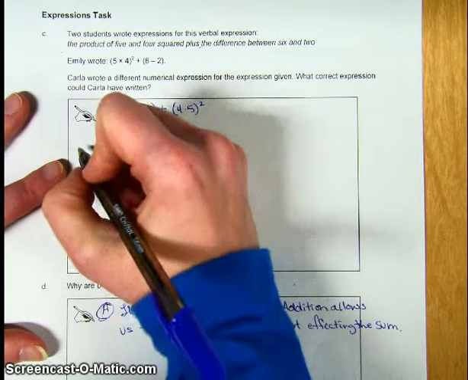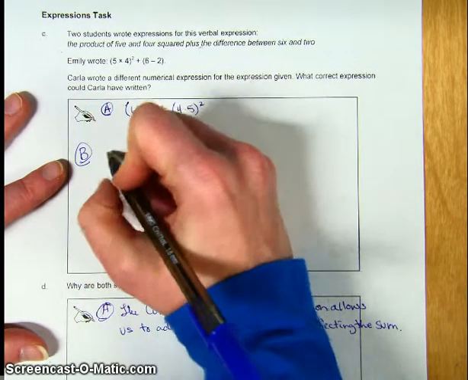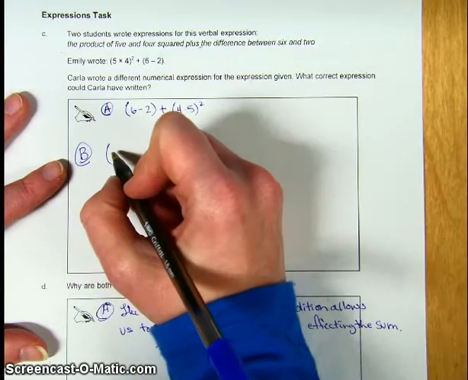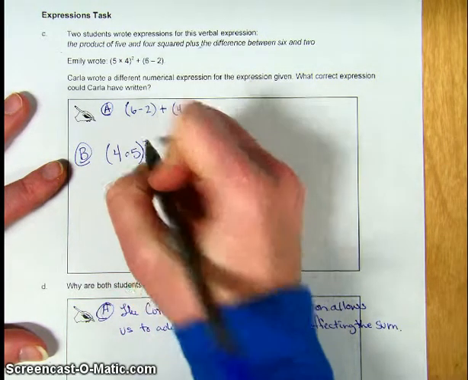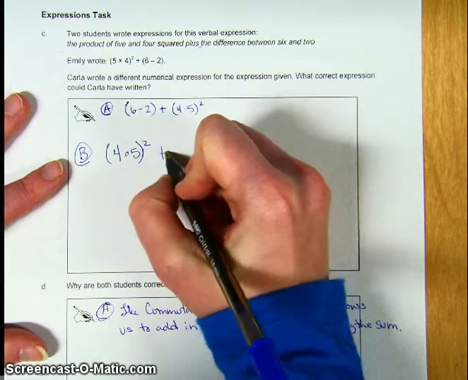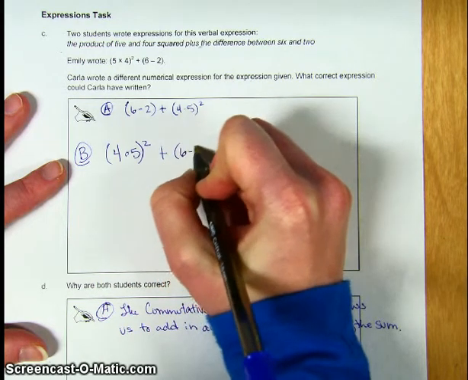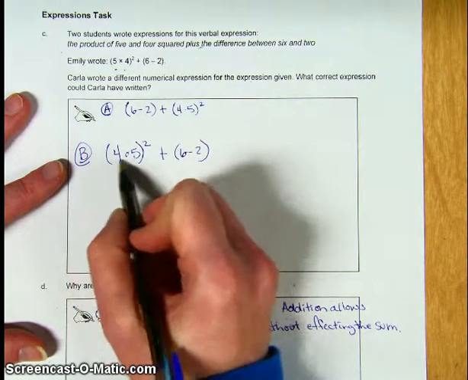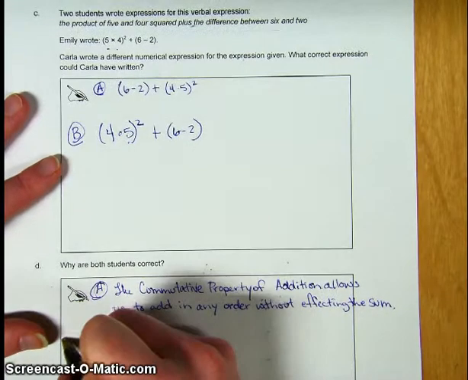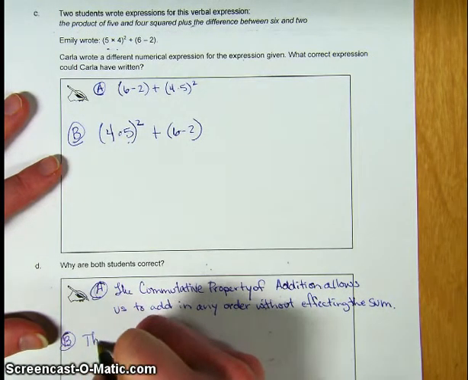All right, the second one that we came up with was this. Here, from the 5 times 4, we changed this to 4 times 5. The justification for that is the commutative property of multiplication.